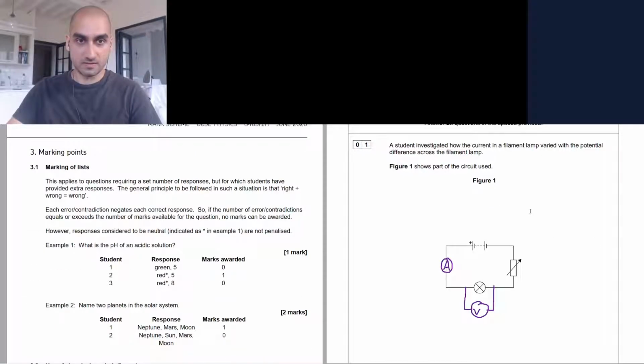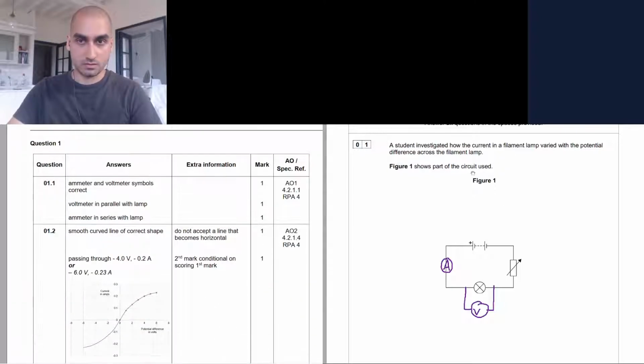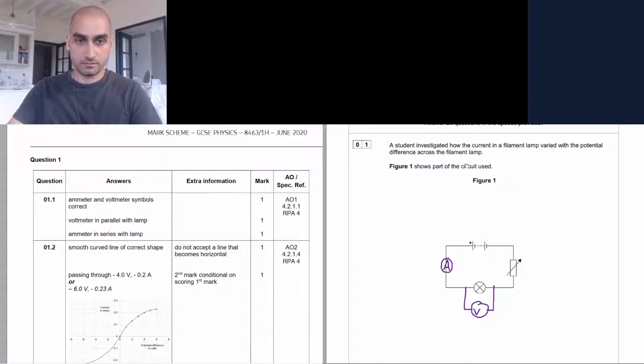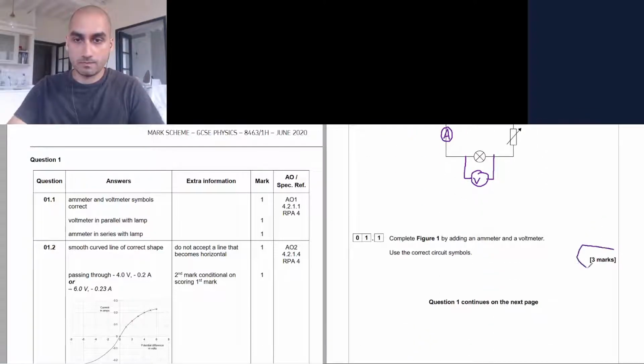Symbols. What are the symbols? Okay, I think I got them right. Voltmeter in parallel, ammeter in series. Yep.